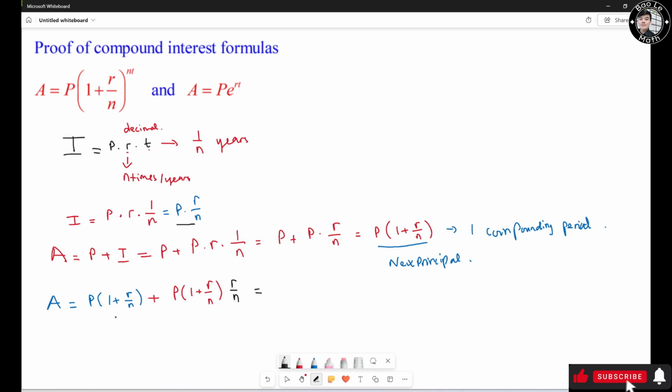Now I'm gonna factor this guy and this guy out. So it's gonna be P times 1 plus R over n, right? Now the first one right here I have 1 left. The second one right here I have R over n left.